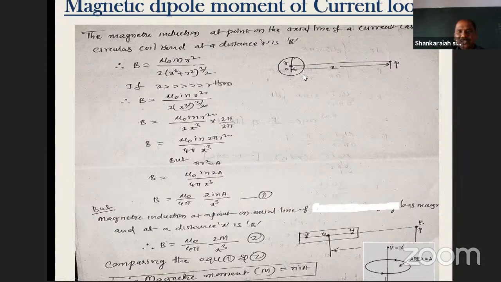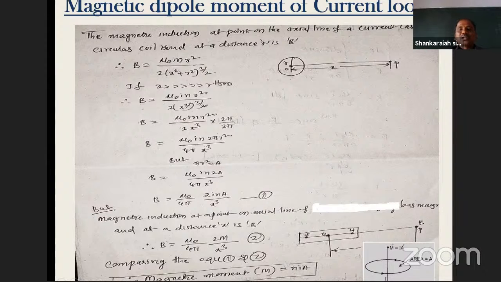This is the north pole. Got my concept? This current carrying coil acts as a north and south pole. It has a dipole moment. Here the dipole moment expression is m equal to I A.